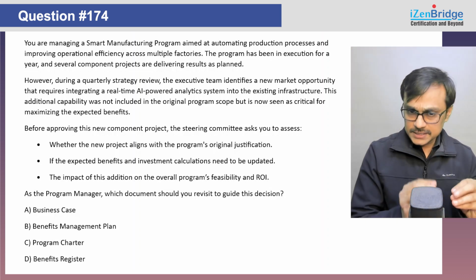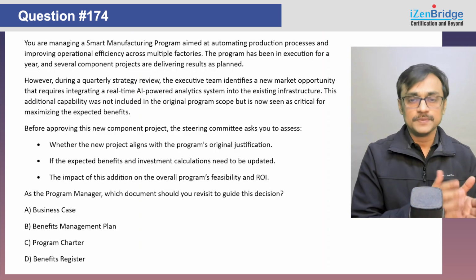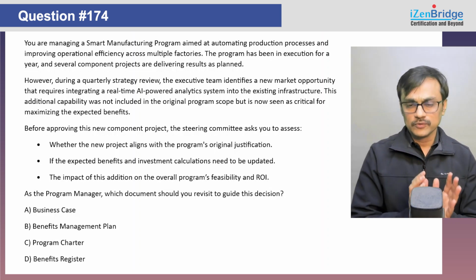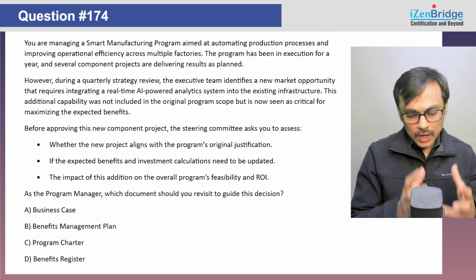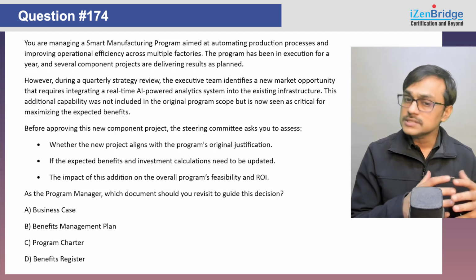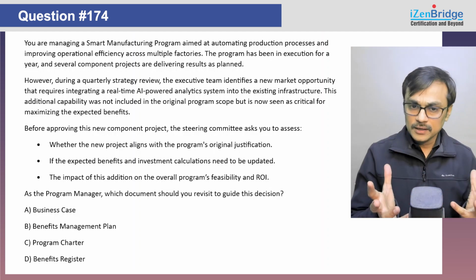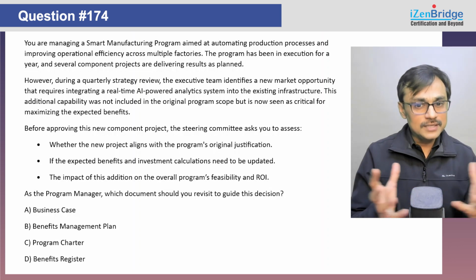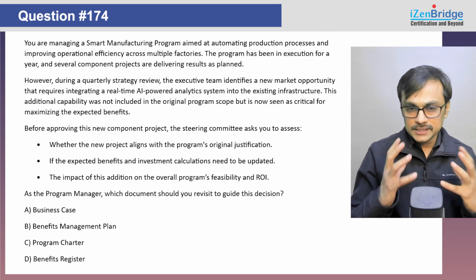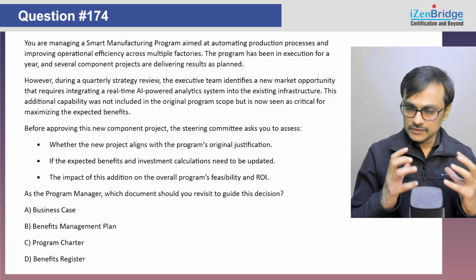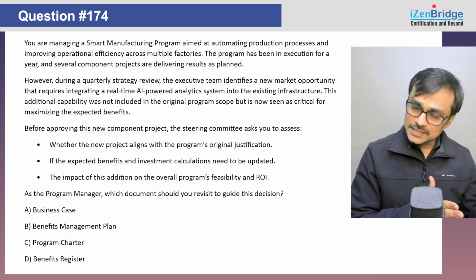Now I need to understand that we have a new opportunity and this new opportunity is expected to be incorporated, and my stakeholder wants to see, is it really worth it, how it is going to impact our overall justification, how it is going to impact our overall ROI. So the answer seems pretty straightforward. We understand the detailed analysis and justification of your program is available in a business case.